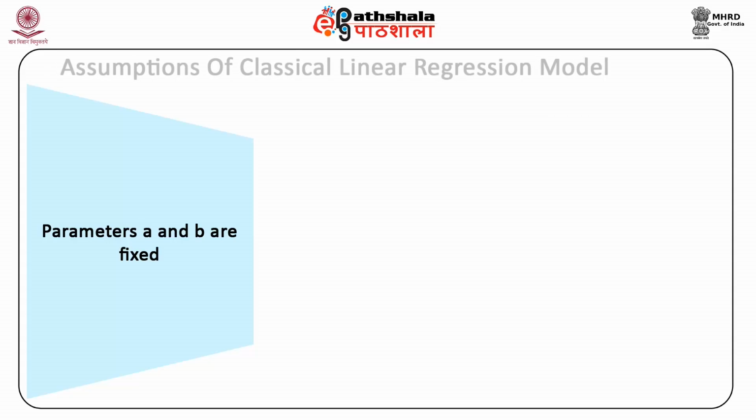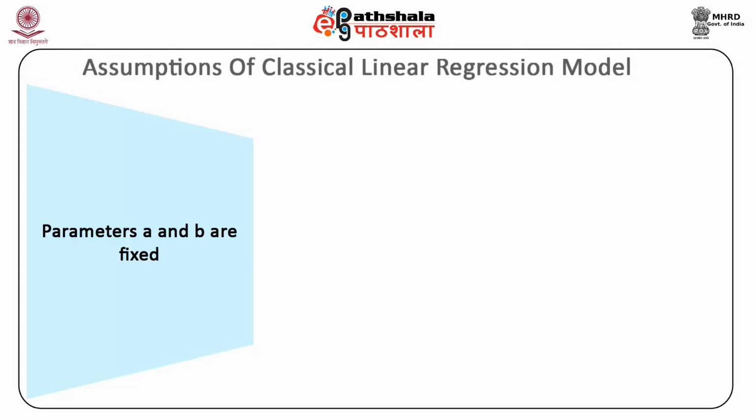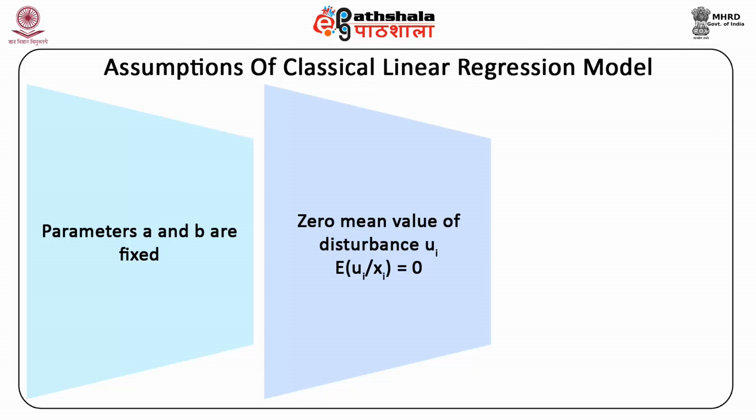The parameters a and b are fixed. Assumption 6. Zero mean value of disturbance ui. Given the value of x, the mean or expected value of the random disturbance term ui is 0. Technically, the conditional mean value of ui is 0. Symbolically, we have expectation of ui given xi is equal to 0.